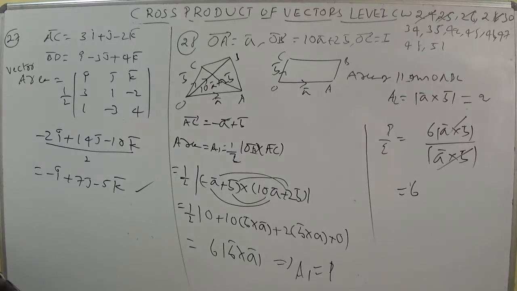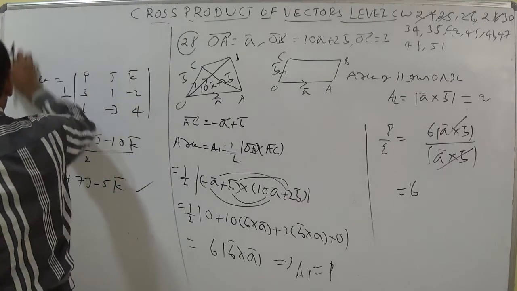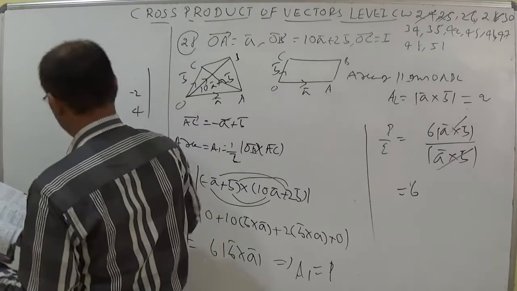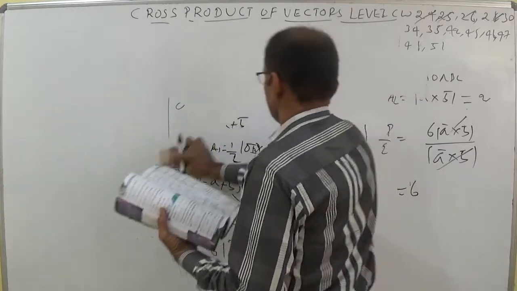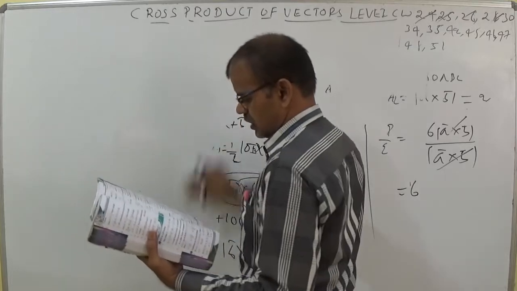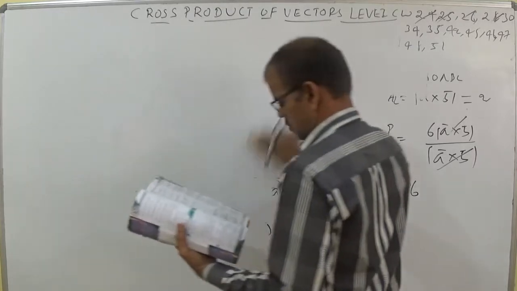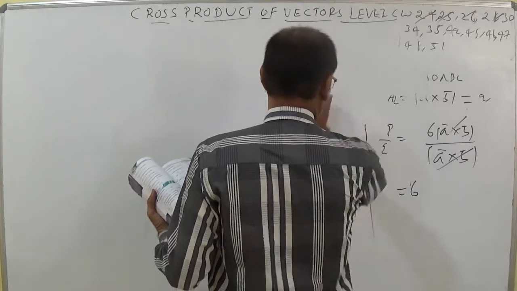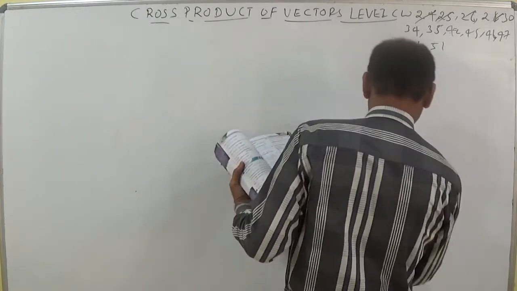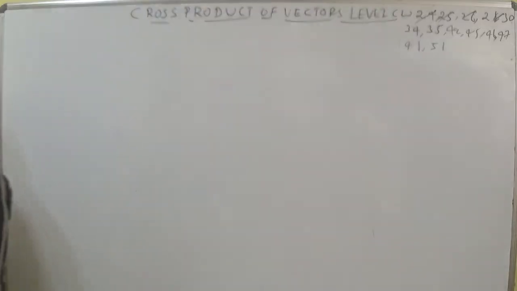Let us discuss the 30th question, also about area. ABCD is a quadrilateral, and let AB be a bar, AD equal to b bar, AC equal to m a bar plus n b bar. It is the same concept, same model question.